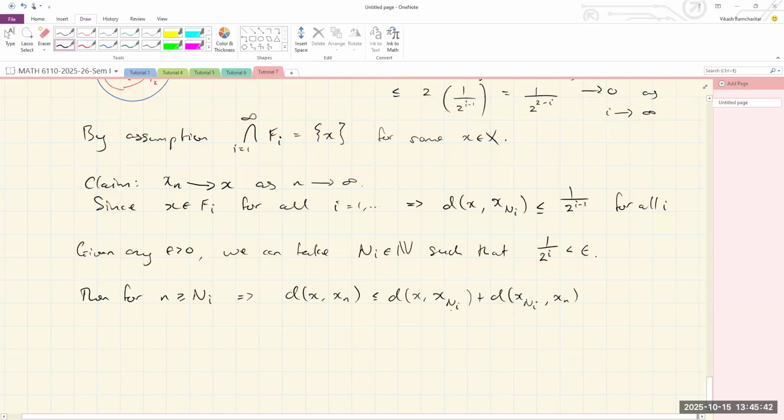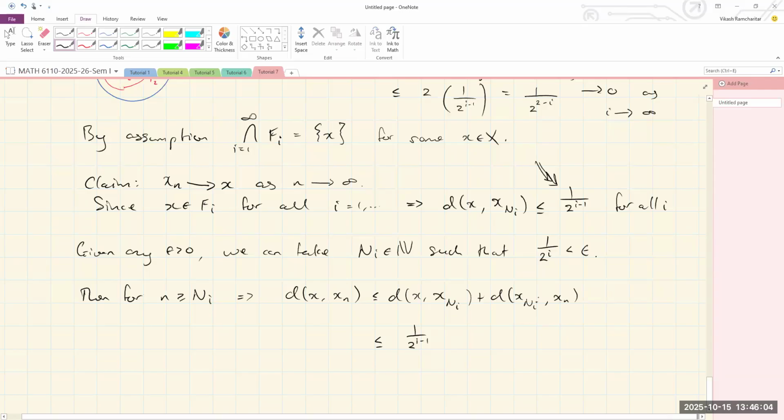The distance between x and x_{n_i}, we know x is in all of these closed spheres, so it is less than or equal to 1 over 2 to the i minus 1.